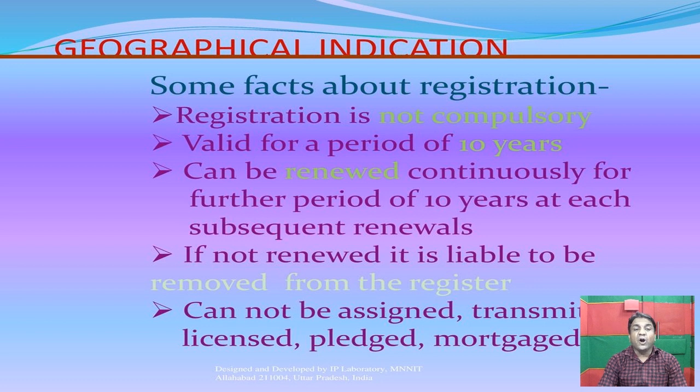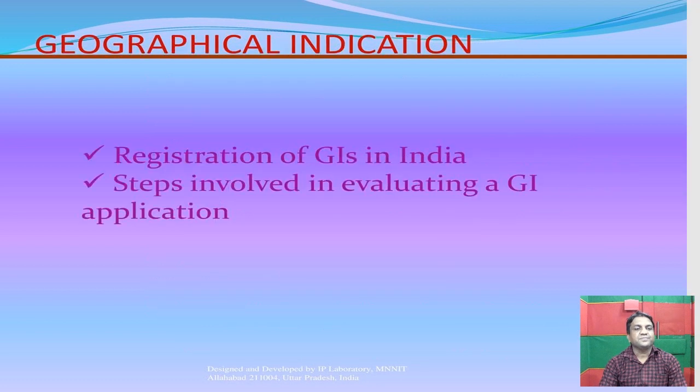Another fact is that if not renewed, it is liable to be removed from the register. If applicants do not renew the registration of a GI, it is liable to be removed from the register. And then it can be assigned, transmitted, licensed, pledged, and mortgaged. These are the facts related to the GI.